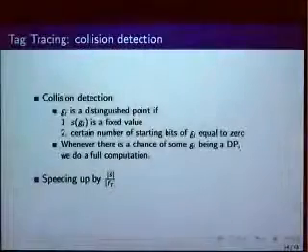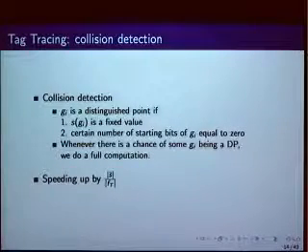G is defined to be a distinguished point if the index is a fixed value and a certain number of starting bits of GI equal 0. To check this, we need more information. And whenever there is a chance of some GI being a DP, we do a full computation.